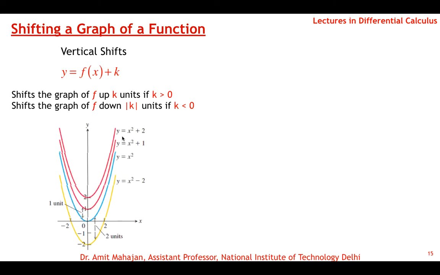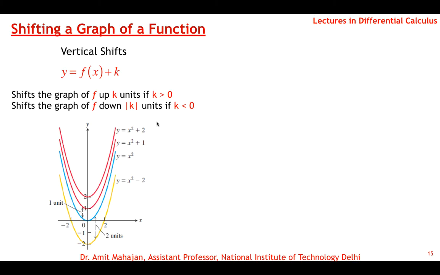Say for example, given y equals x square, denoted by this blue curve, if I add a positive k, plus 1 or plus 2, then it shifts the graph upward by 1 unit or 2 units, depending upon the value of k added.